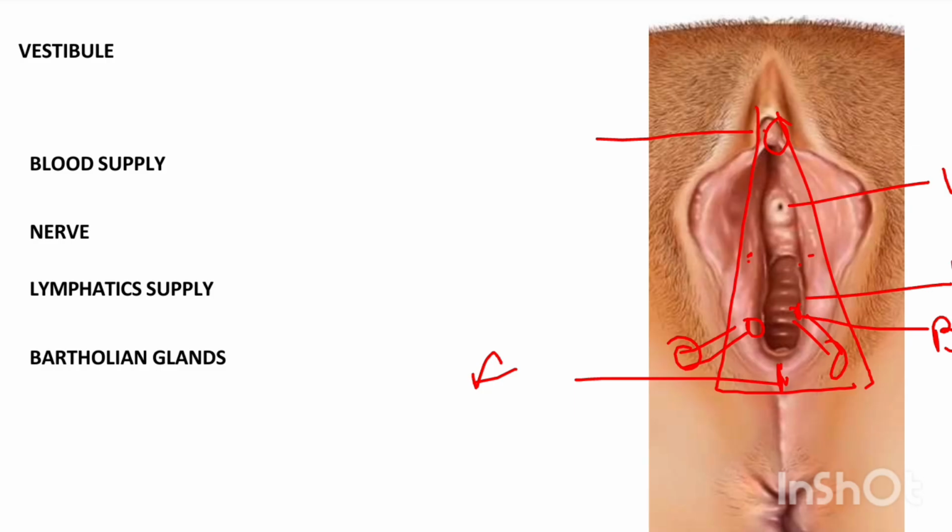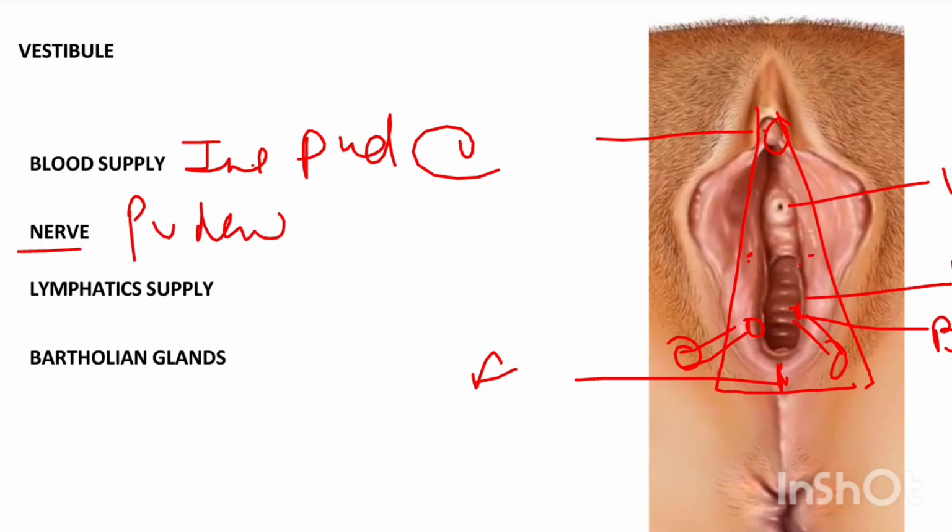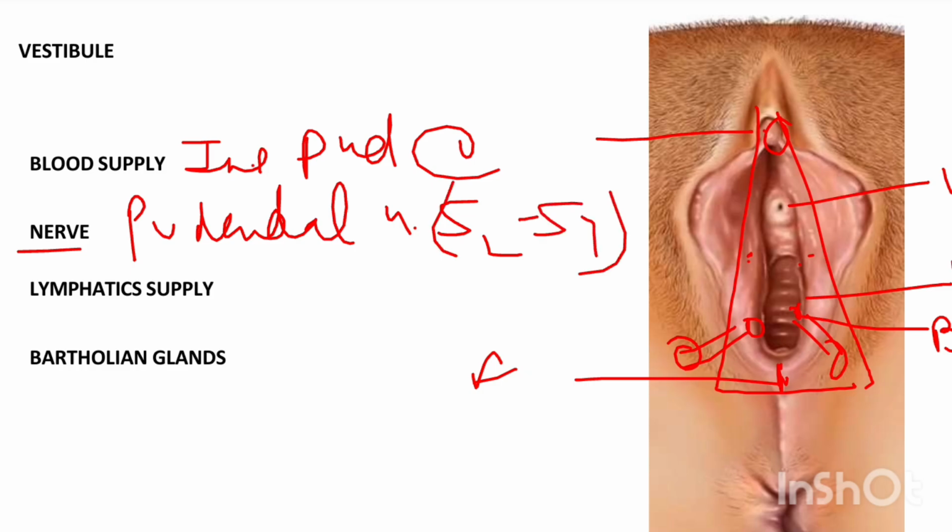Now what is the blood supply of external genitalia? Blood supply is the internal pudendal artery. Nerve innervation is the pudendal nerve, which is S2 to S4. The lymphatic supply is the inguinal lymph node, and the clitoris is specially supplied by the Rosenmuller lymph node.